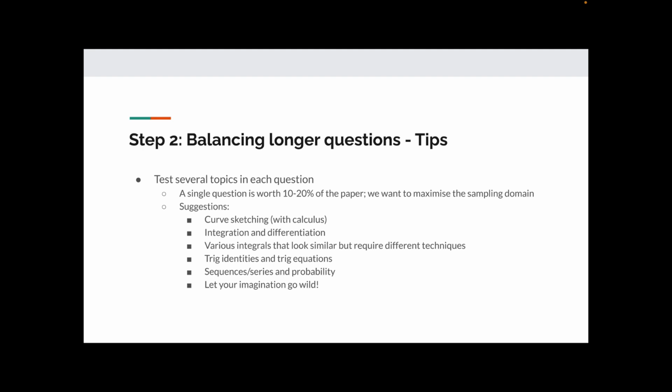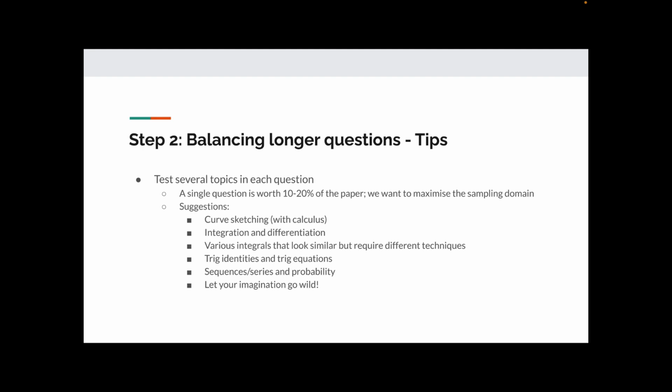So why not? Let's say a simple substitution versus a trig substitution versus trigonometric integrals. We have 3 different kinds of integrals that require 3 different techniques, but all fall under the same umbrella of integration.